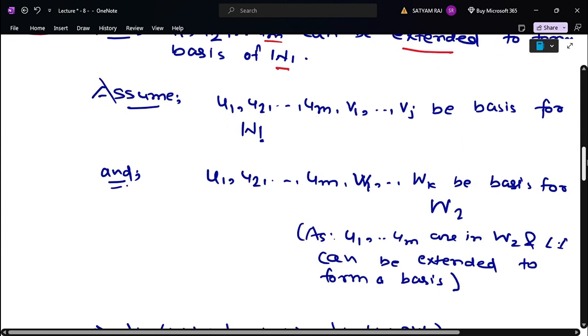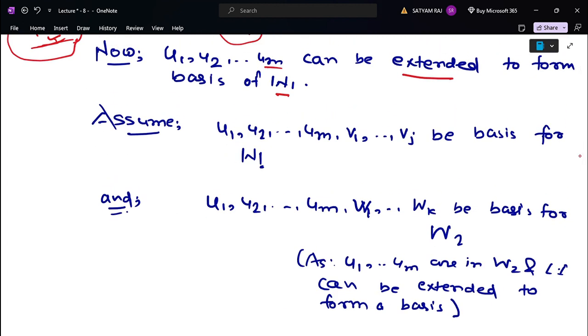We have a new set of vectors: u1, u2, ..., um, and we added j vectors to the previous basis, so the new set u1, ..., um, v1, v2, ..., vj is a basis for W1. We extended the basis of W1 intersection W2 to form a basis of W1.